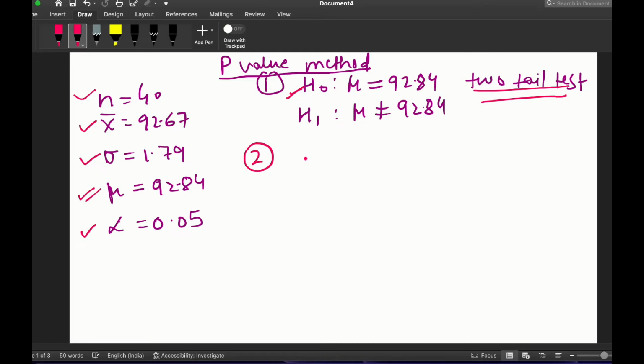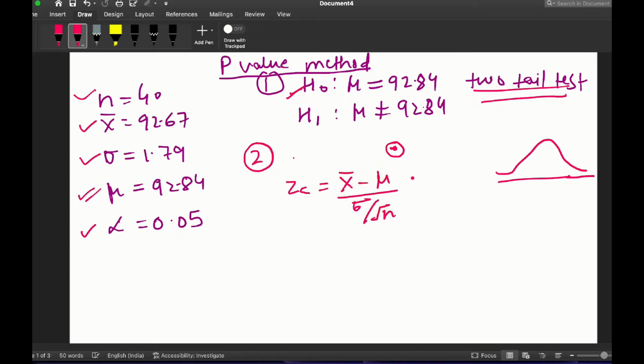So the second step is very important, because here the confusion is about how we see the value from the z table, because sometimes we have a problem with the minus sign. So you see, z critical equal to x bar minus mu divided by sigma divided by root n. We have calculated this above.